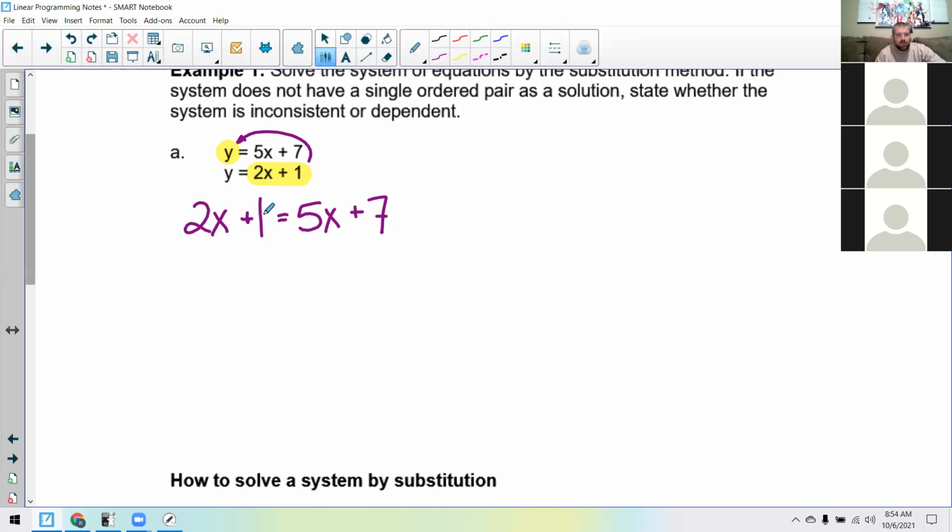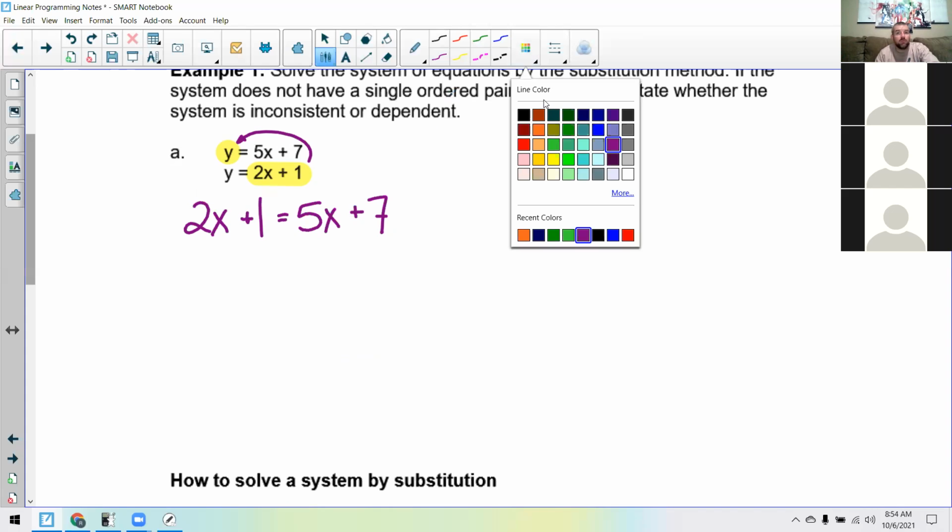Okay, because this thing right here was y. So now I have an equation with one variable, x. I can solve it. Question?